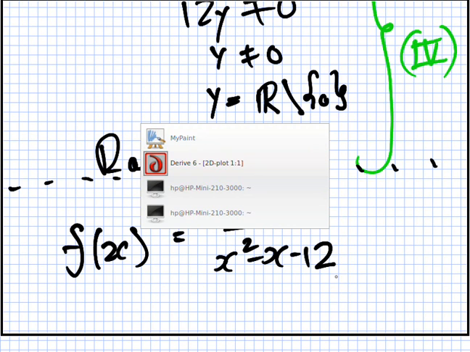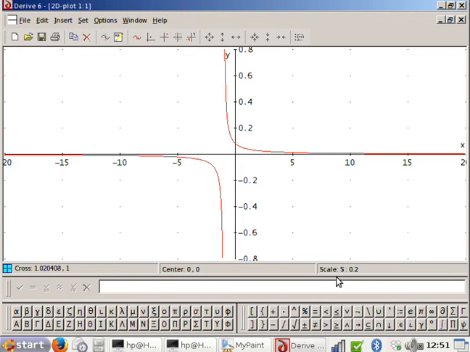Let me just have a look at the graph for the last one. It was 1 over 12x plus 12, wasn't it? So can you see on this graph, it does go all the way to infinity. It does go all the way to minus infinity, but notice that you don't actually get 0. If you look here, 0, and you go across, you don't actually hit the red line.